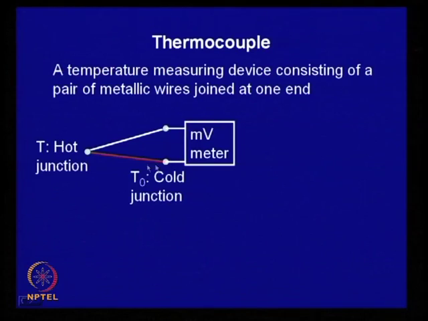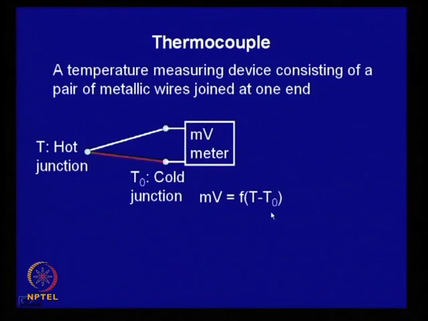We will find that depending on the magnitude of this temperature, we get a particular millivolt reading in the meter, and this is a very convenient device for measuring temperature, and the millivolt that we get is a function of the temperature difference. That means temperature of the hot junction minus temperature of the cold junction.